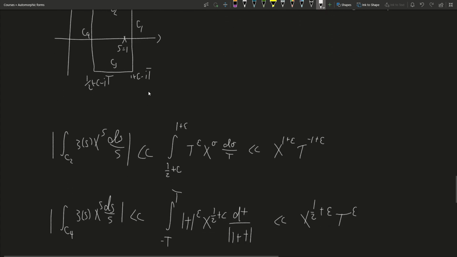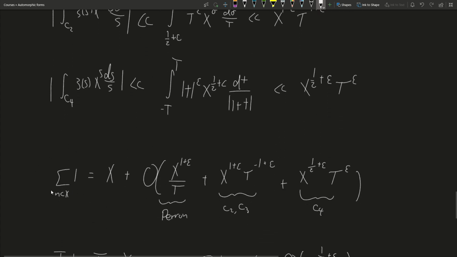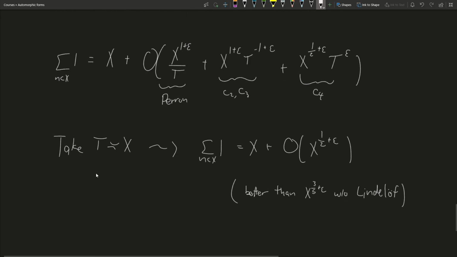And this integral along C1 is also what was giving us our left-hand side in Perron's formula. So this is a general thing that happens: if you can get better bounds on the growth of your L function on vertical lines, then you can get better estimates for your sum of Dirichlet coefficients.